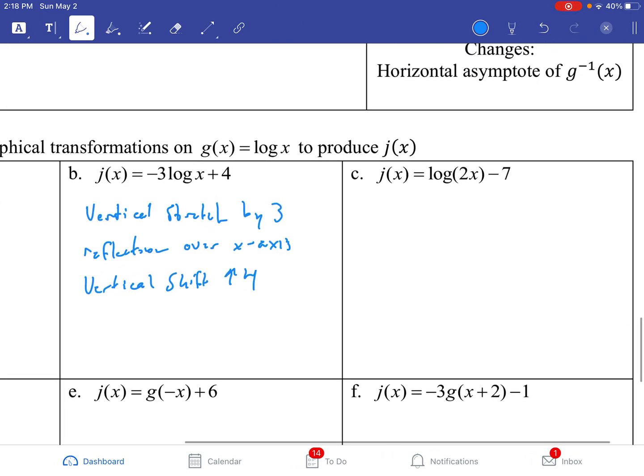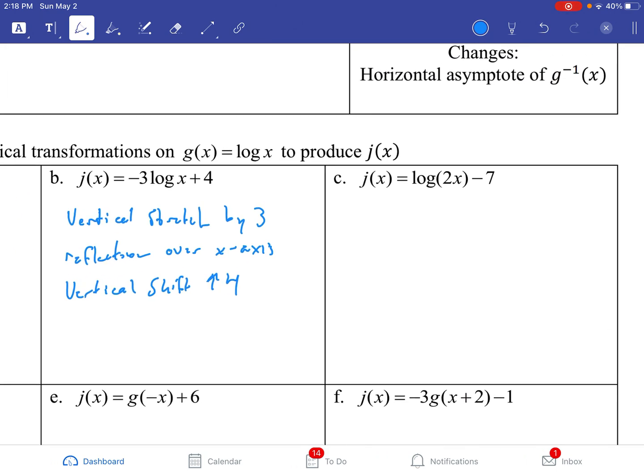Okay. And then part C, we have two things. We have a horizontal compression by 2, and we have a vertical shift going down by 7. That's it.